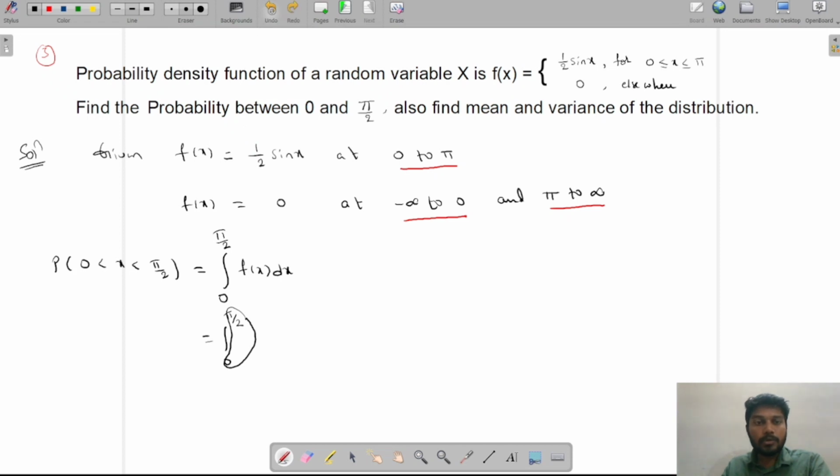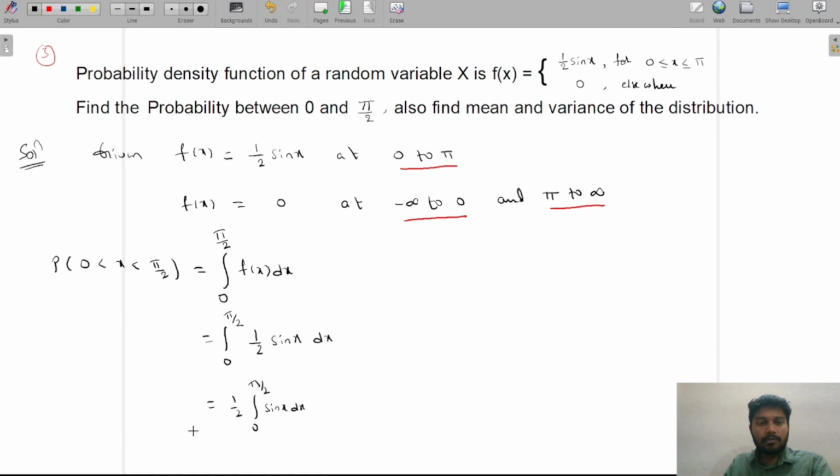As per my given question, from 0 to pi the value of f of x is 1 by 2 sin x, and 0 to pi by 2 lies within this range, yes. Then I can write it as 1 by 2 into sin x dx. Now, keeping 1 by 2 outside, the integration from 0 to pi by 2 of sin x dx.